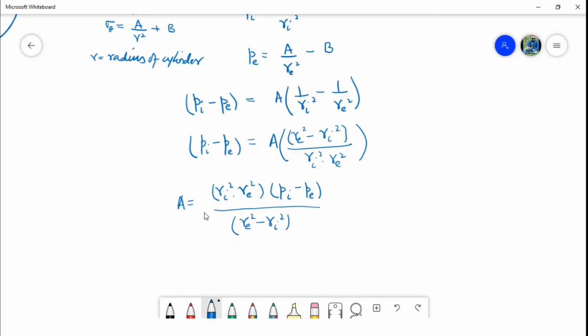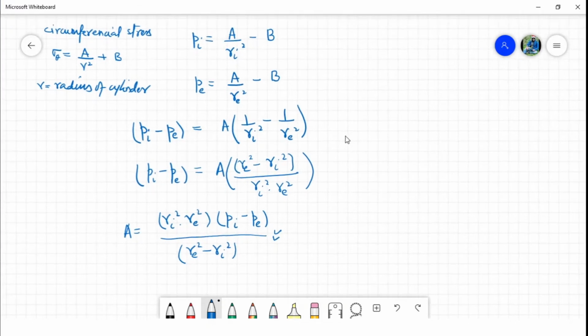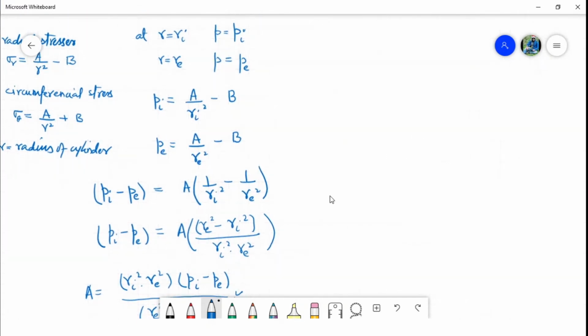So this will be the value of A. Now by putting the value of A in one of the two equations, we can get the value of B. So let us now put the value of A over here.